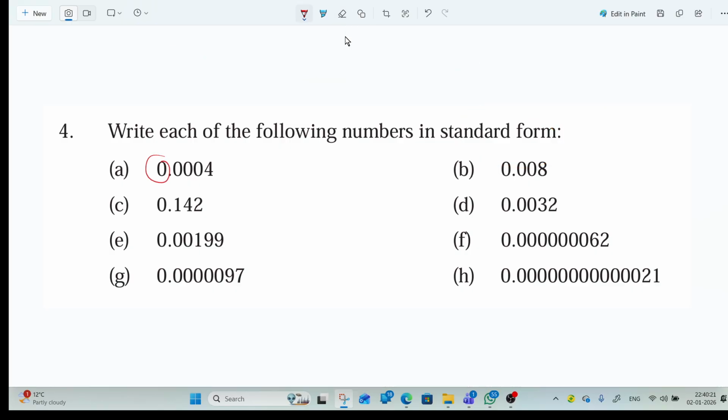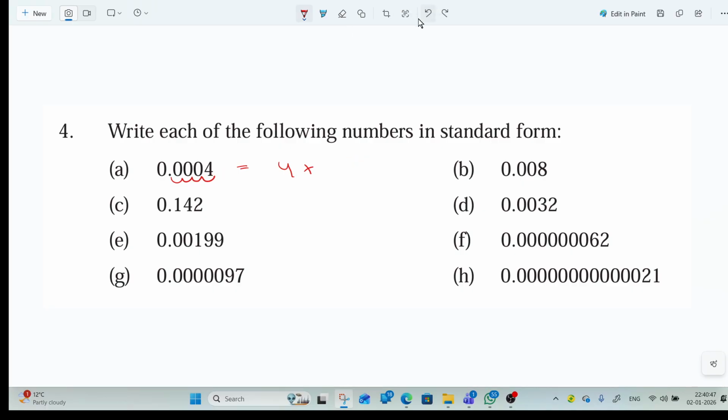But there is 0. So you need to move the decimal and put it after a non-zero number. So in this one, if you see, you will move it 1, 2, 3, 4. So you are moving it by 4, going towards the right. So this will become 10 to the power negative 4.